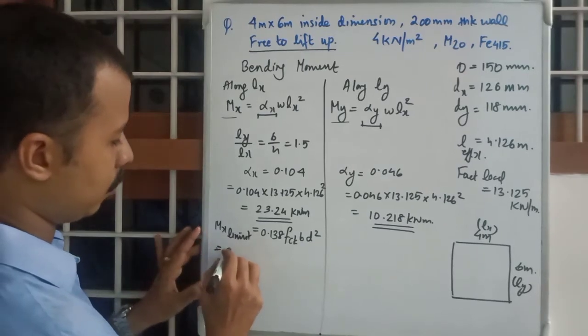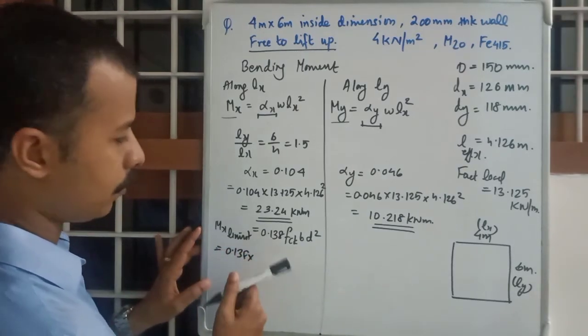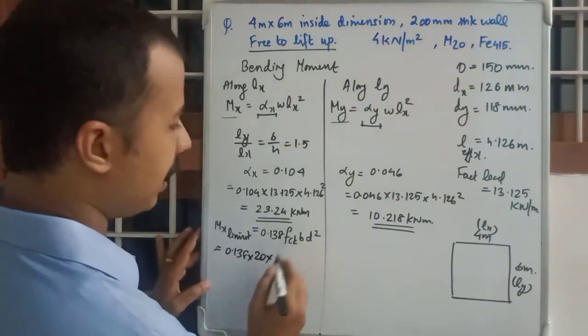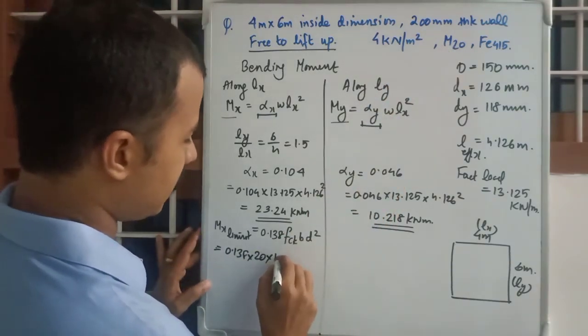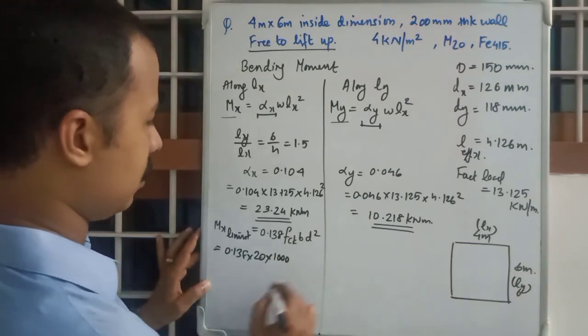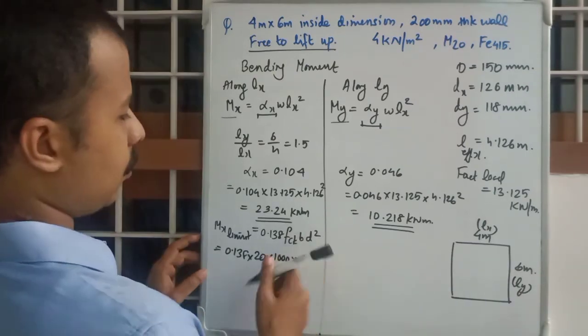So 0.138 into fck is 20, b, the width, is 1000, into, what is d?